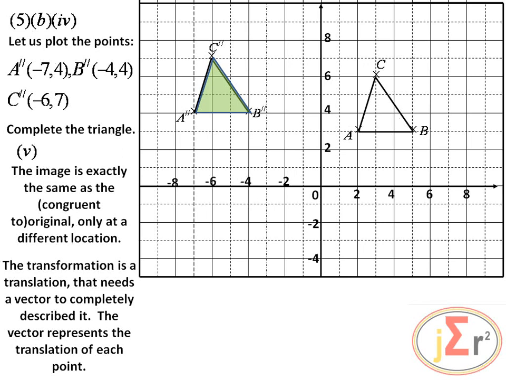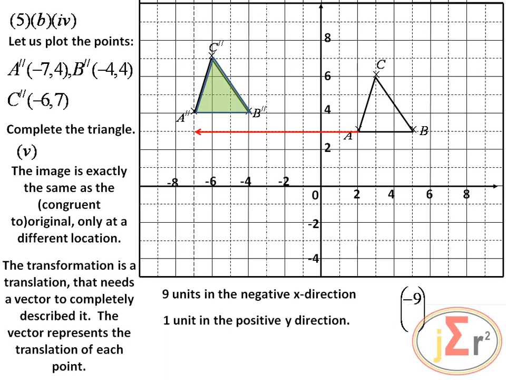The vector represents the translation of each point. So we are sure that we have a translation and we need a vector to completely describe it. And the vector will be the movement of each point. From A, we go 9 units in the negative x direction and 1 unit in the positive y direction.